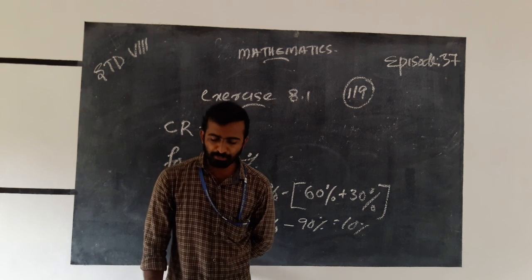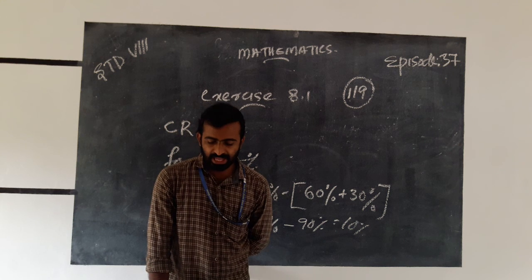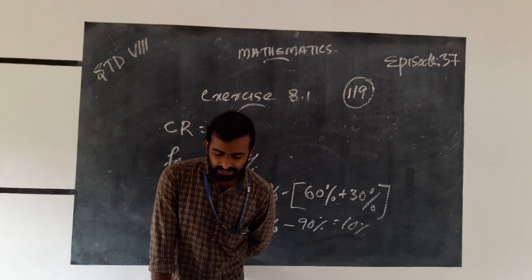If the total number of people is 50 lakh, find the exact number who like each game.